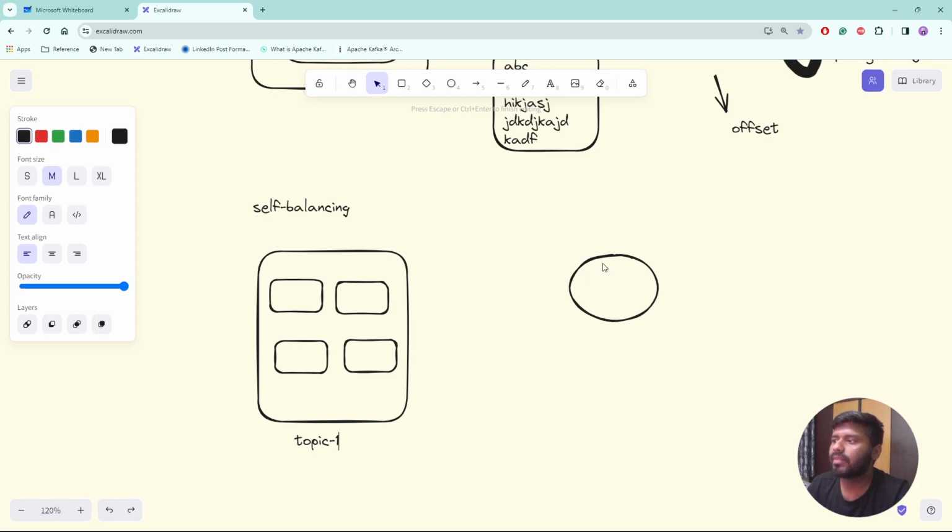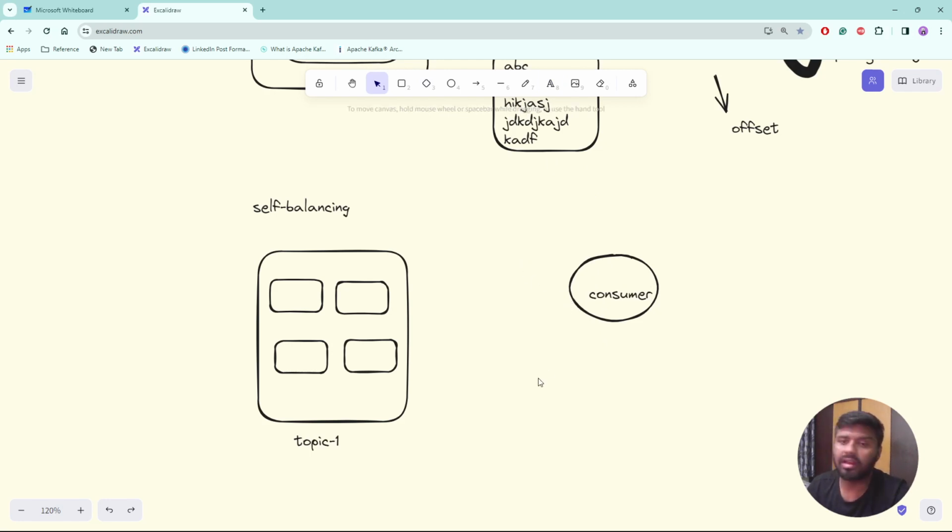Now let's say I have only one consumer at this time. This is my consumer, only one consumer. If I have only one consumer and 5 partitions in my topic, then from which partition is this consumer going to get the records?